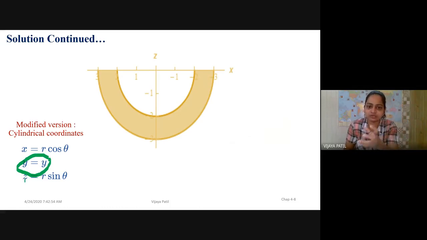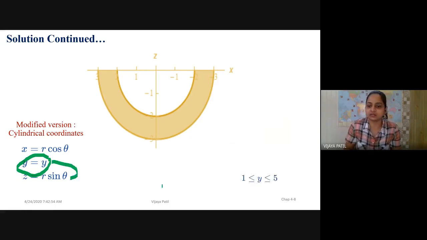Automatically it comes from the modification, or the placement of this curve over here. So x will be r cos theta, y will be equal to y, and z will be r sine theta. So this is a swapping between the y and z axes, if you observe the formulae.